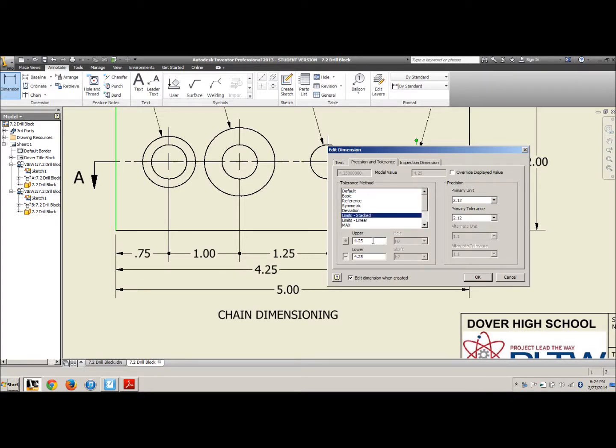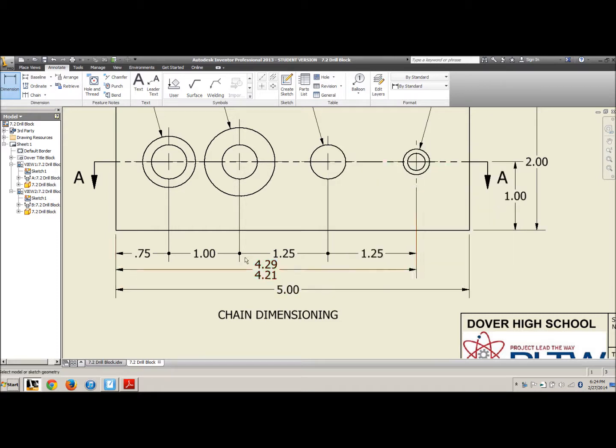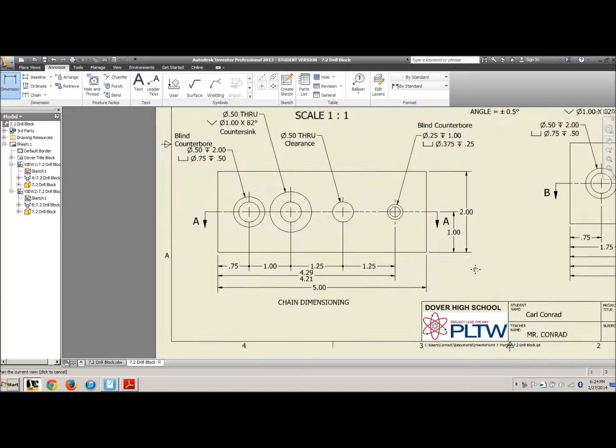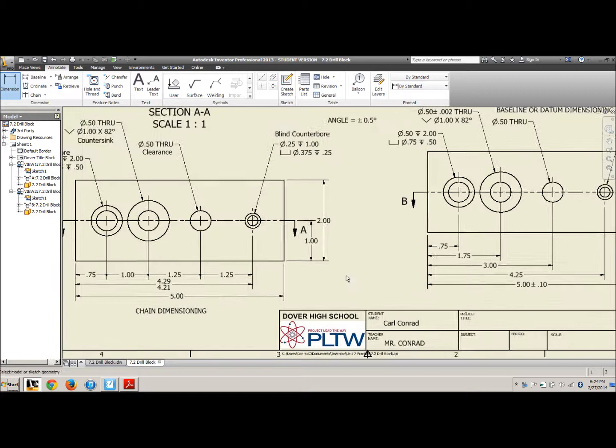The upper limit 4.29, the lower limit 4.21. So that's a significant difference in the position of that hole. If all those holes are trying to line up and they're off that much, now you're talking about your nightmare dollhouse that you're trying to put together on Christmas Eve.